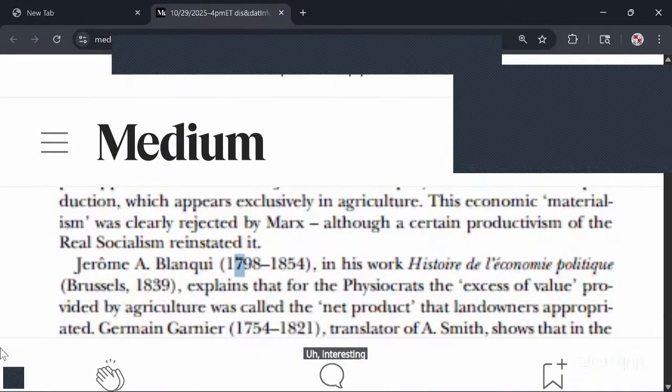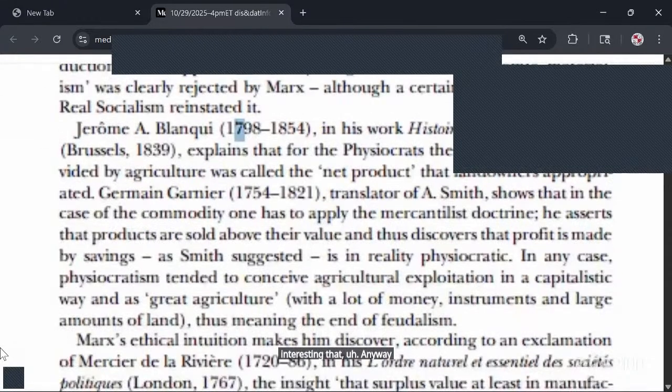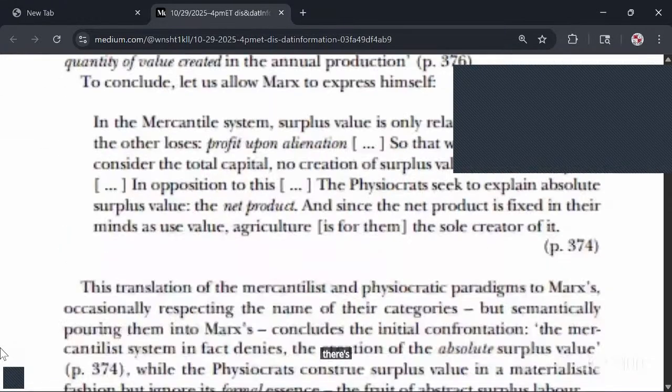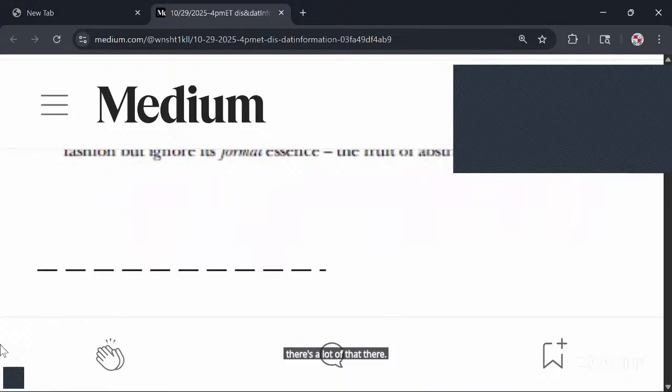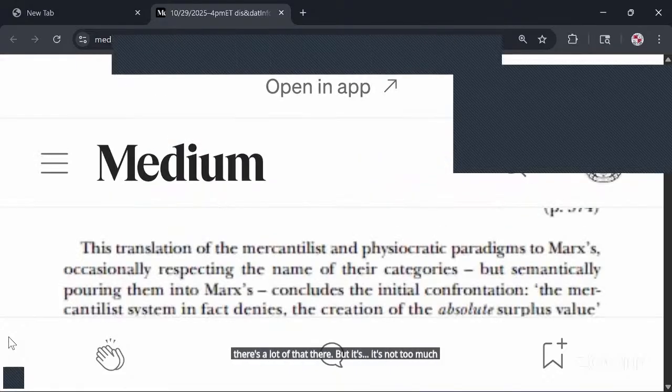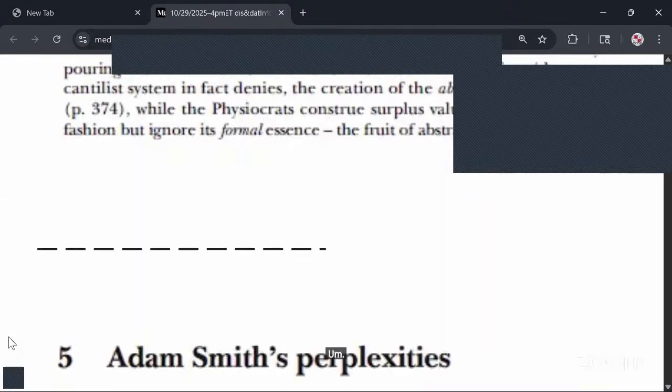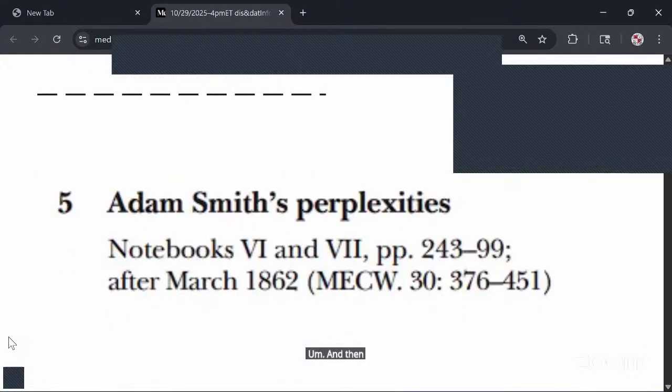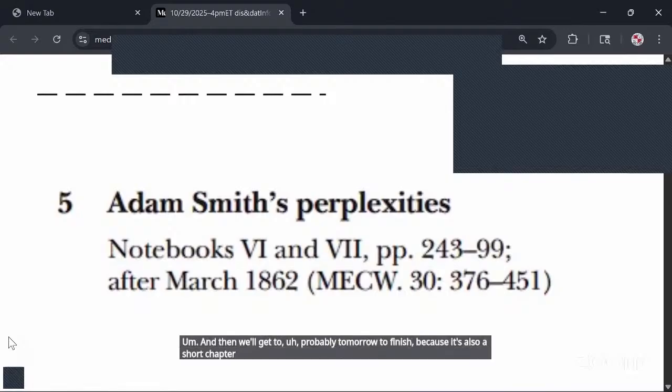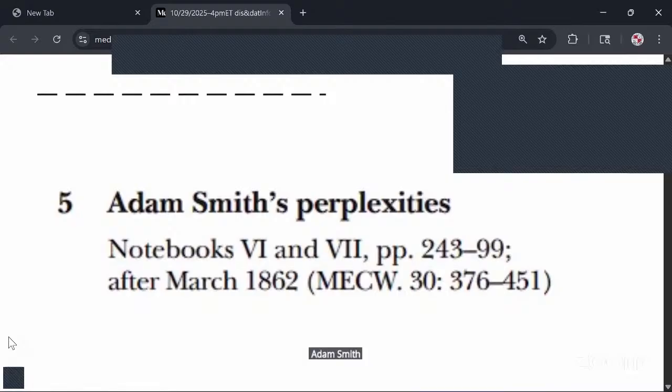Interesting that, anyway, there's a lot of that there. But it's not too much more. And then we'll get to, probably tomorrow to finish, because it's also a short chapter, Adam Smith's perplexities.